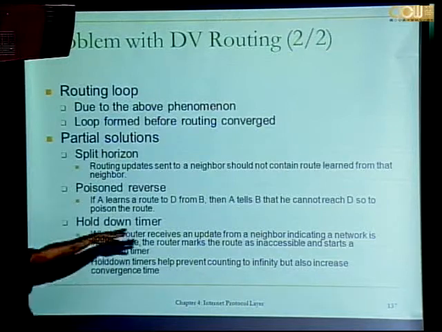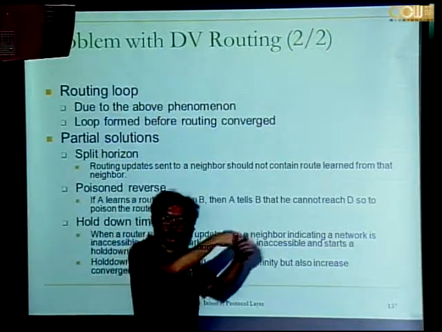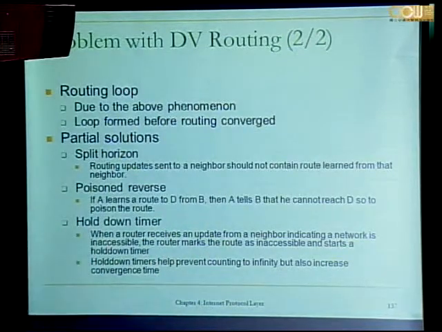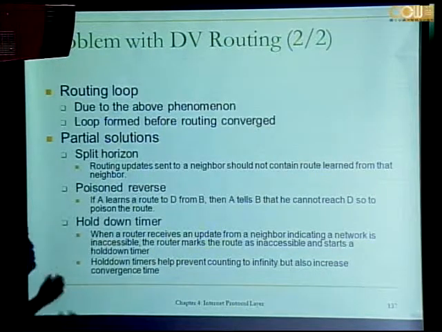If I send things I learned from him also to him, there'll be a recursive problem. I only tell things I learned from somebody else, but I don't tell him things I learned from him. So that's called split horizon.